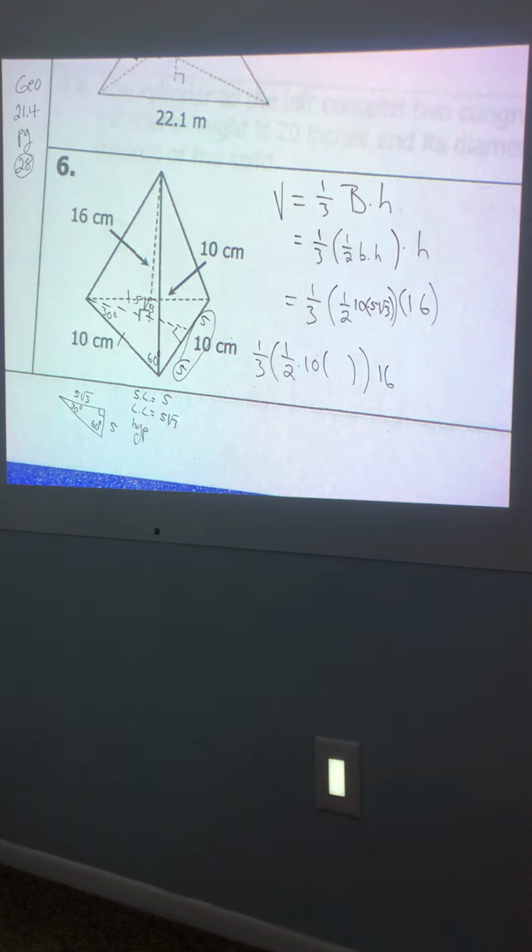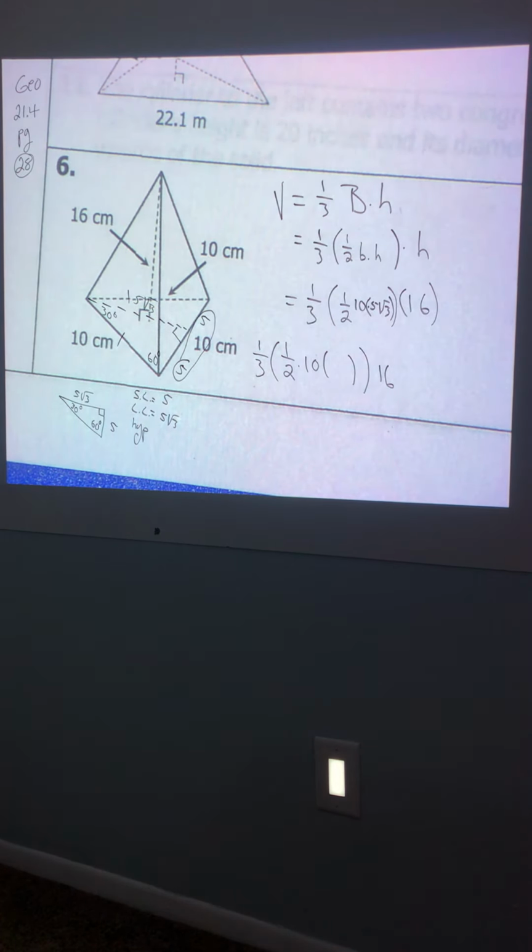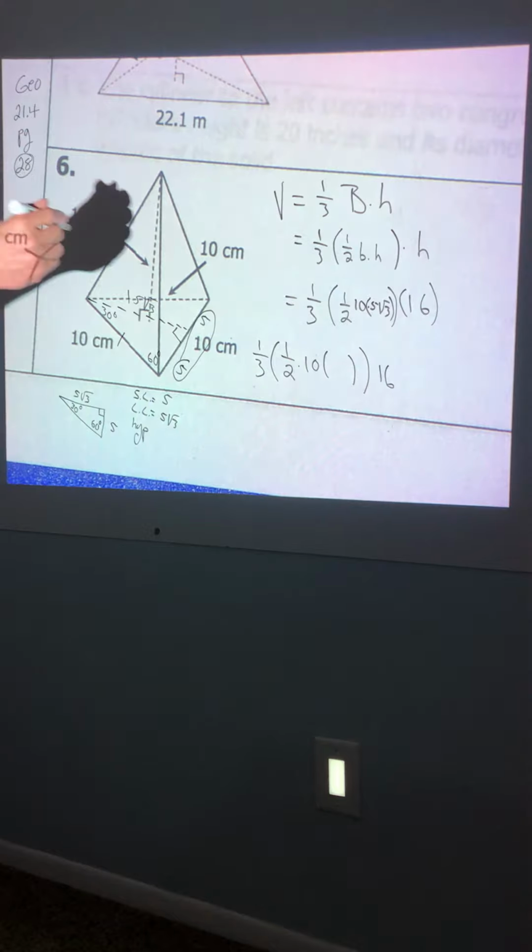Take your calculator or cell phone, I don't care. You're going to type in square root of 3, or on this brand I have to go 3 square root. Decide which one's yours. When I do the square root of 3, that's 1.73, and I'm going to multiply by 5. So that's 8.66. I'll just make it 8.7.